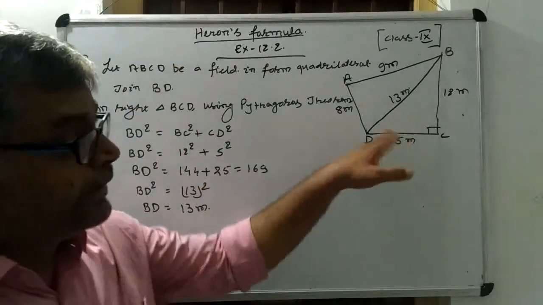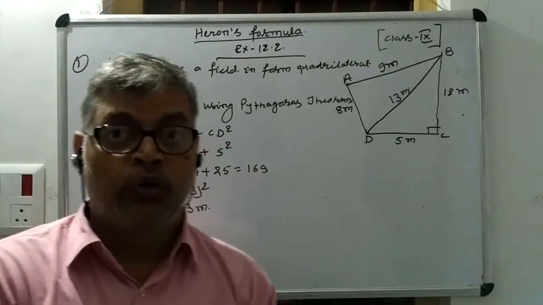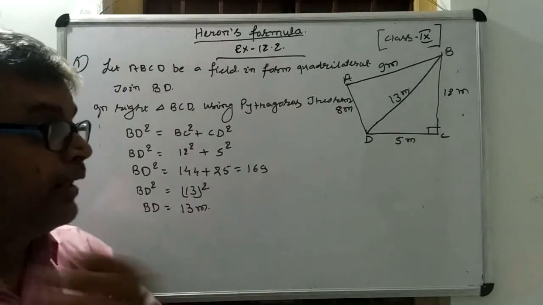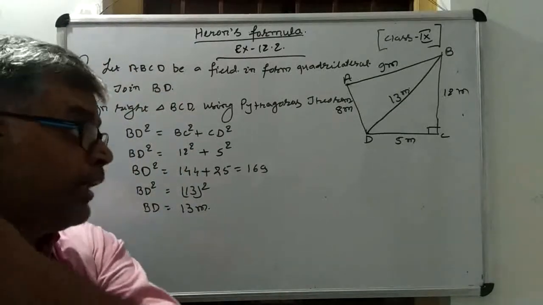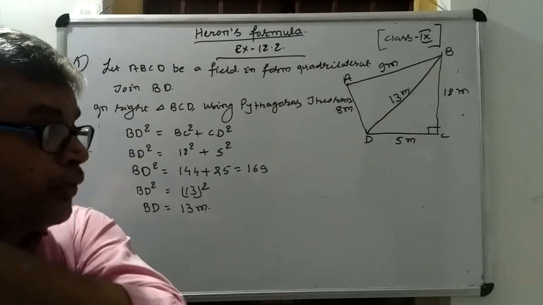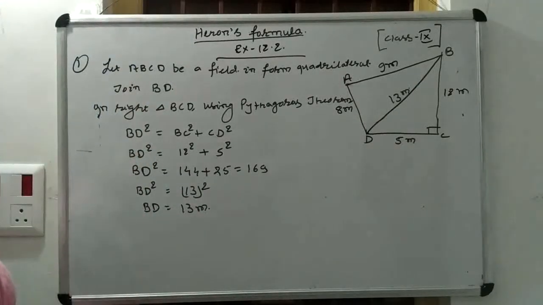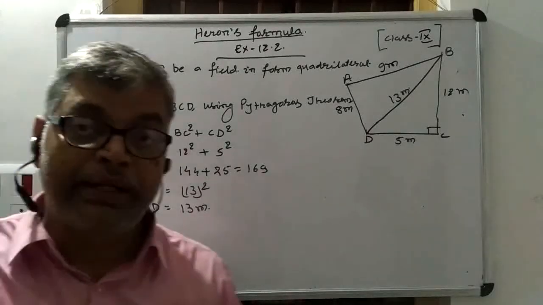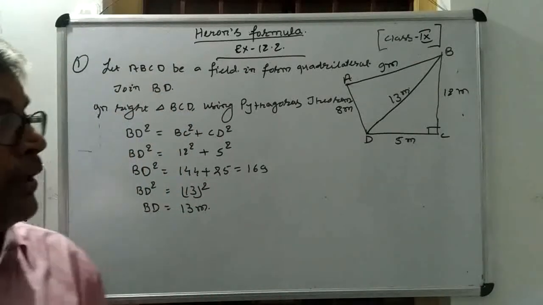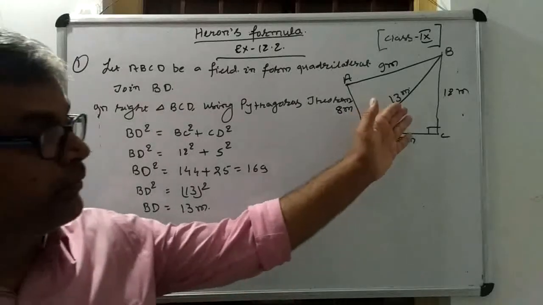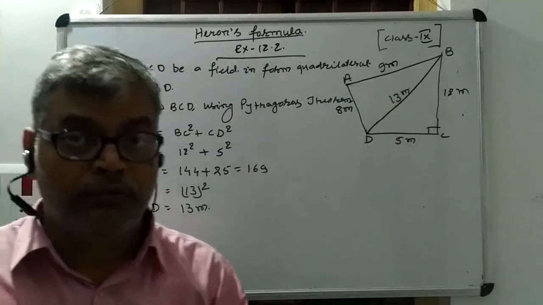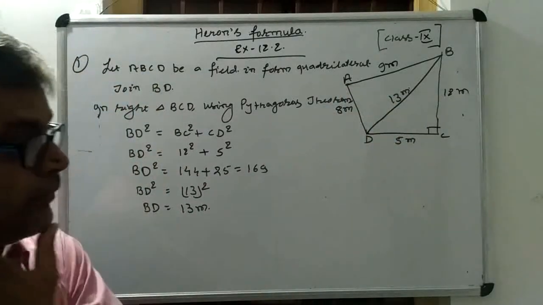But BCD is a right triangle, so you can apply the formula for the area of a triangle for a right angle also, which will be simple in comparison to finding the area by Heron's formula.